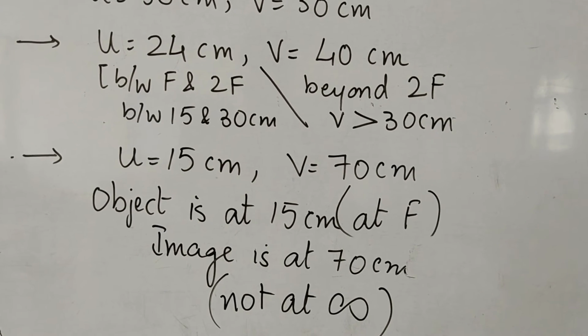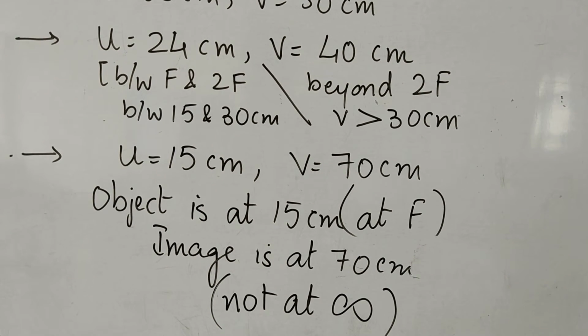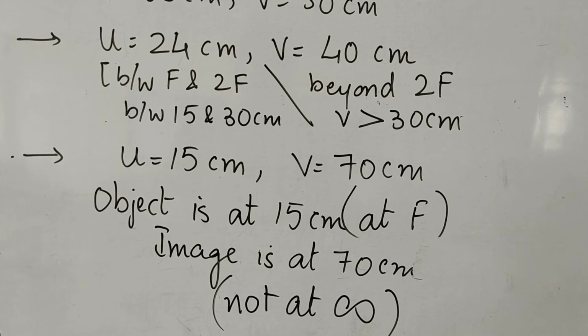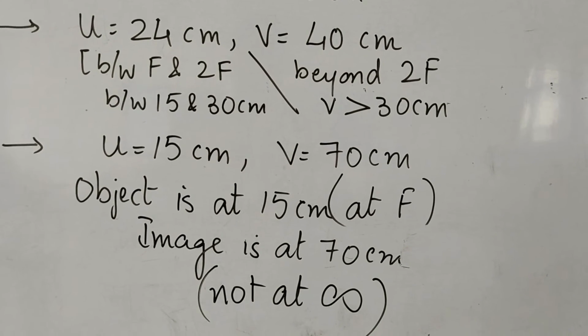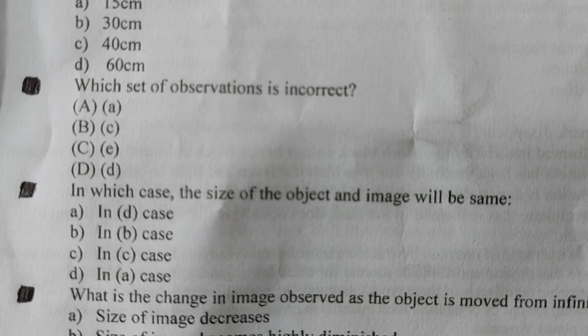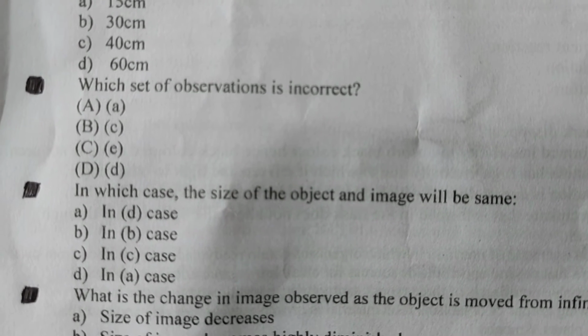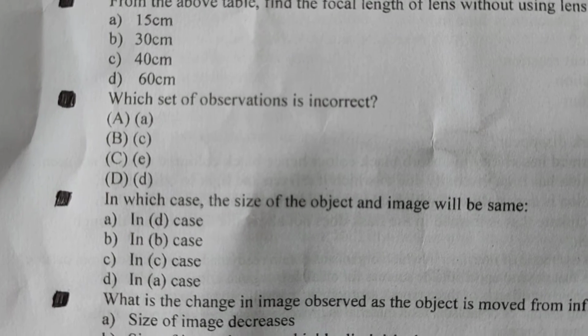But here the image is at 70 centimeters, which is beyond 2F, not at infinity. So our E set of observations is wrong. Here the E set of observations is incorrect, and it is given under option C. So option C is correct.